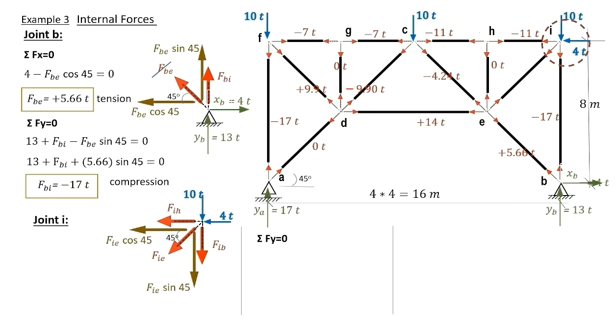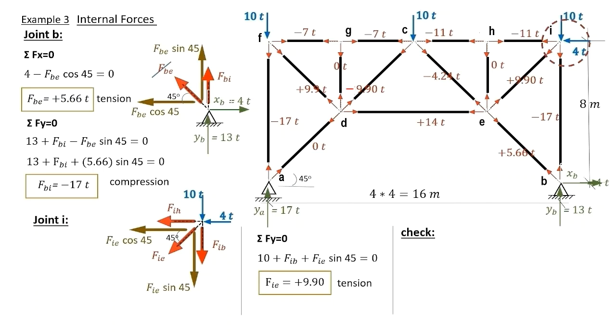Of course, if we take the x direction equals 0, we will also have this only unknown. So it really makes no difference. Here we have our computations. IB is already known, minus 17 tons, which we can substitute here, and this gives FIE equals plus 9.90 tons tension and is plotted here on our diagram.